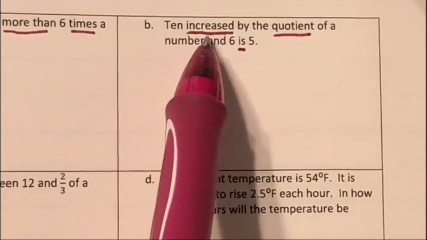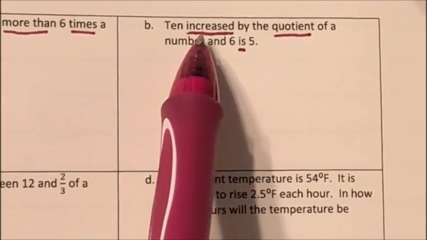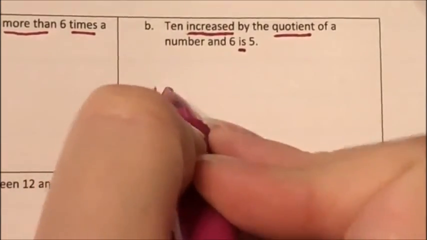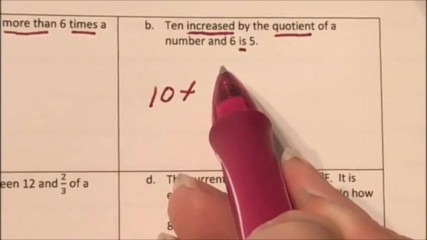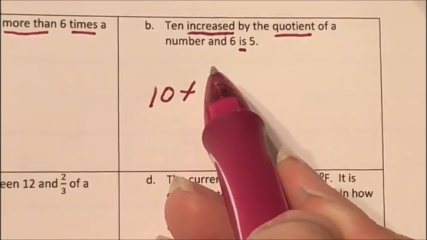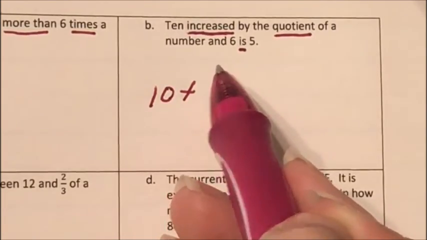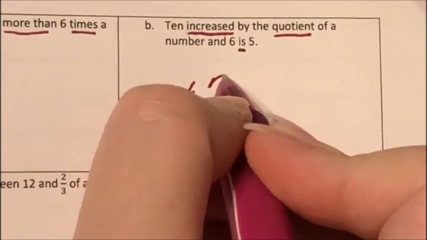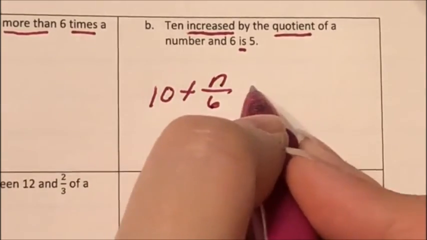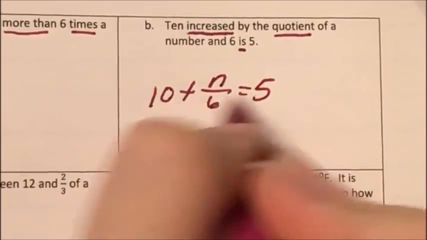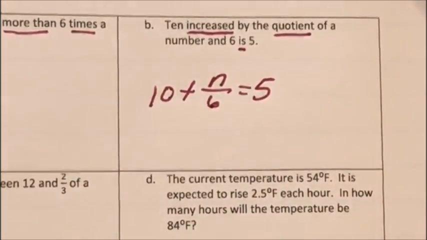So this says 10 increased by, increase means to add. So 10 plus the quotient of a number and 6. So that means I'm dividing. Quotient means divide. A number and 6, and is means equals 5.